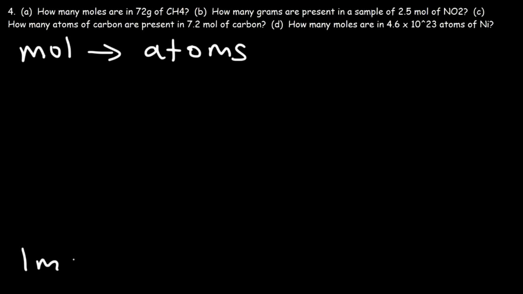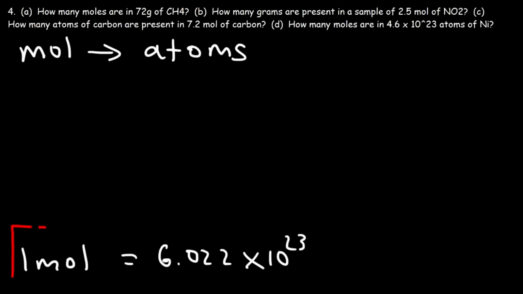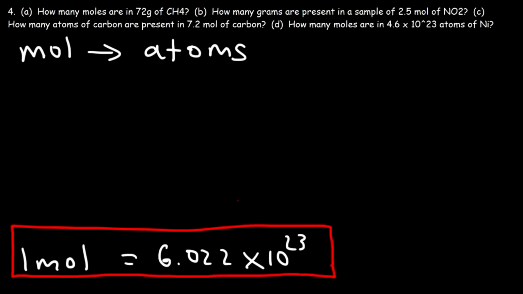We talked about this earlier. 1 mole of something, it could be atoms, molecules, pens, books, doesn't matter, is equal to 6.022 times 10 to the 23, which you know as Avogadro's number. And so this is the conversion that we're going to use to go from moles to atoms.